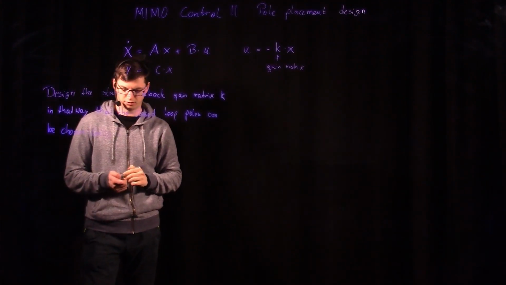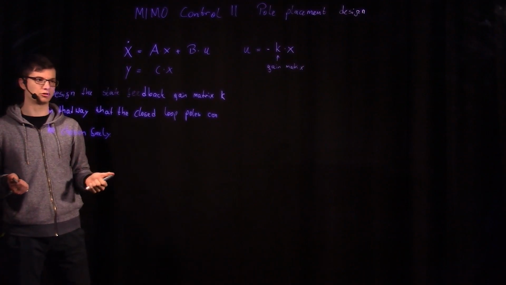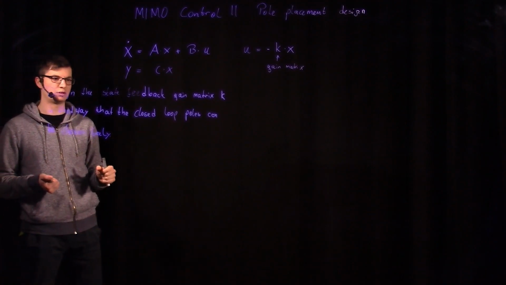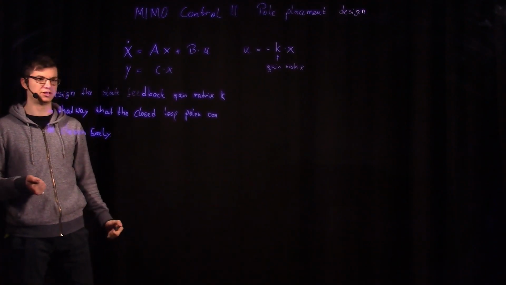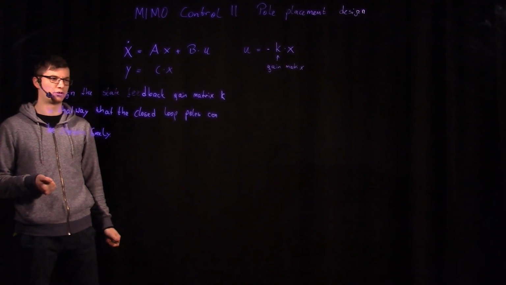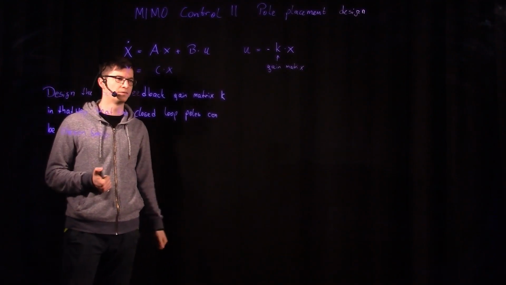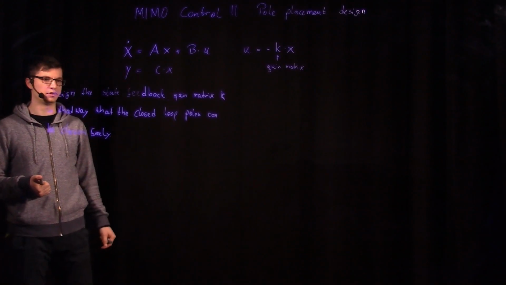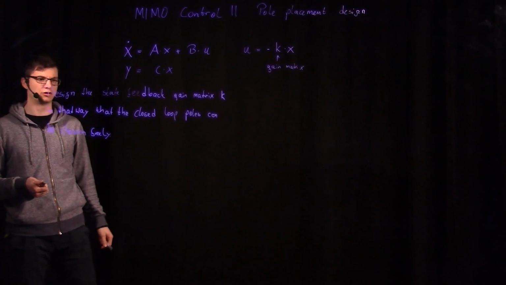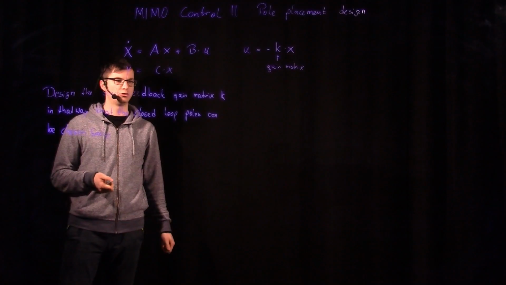Okay, and from the other videos we already know that the poles correspond to the stability of a system. So whether we can put them on the left side of our diagram from the imaginary and the real part of the transfer matrix. And yes, that's why we want to place those poles to a location that we desire. And right now we will do the following.